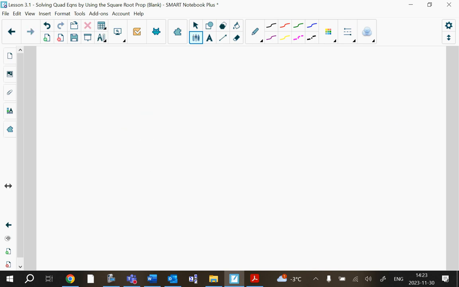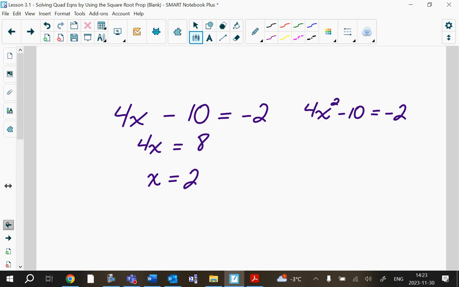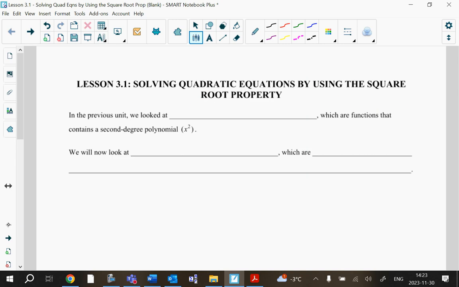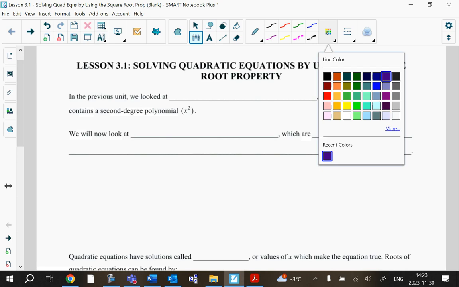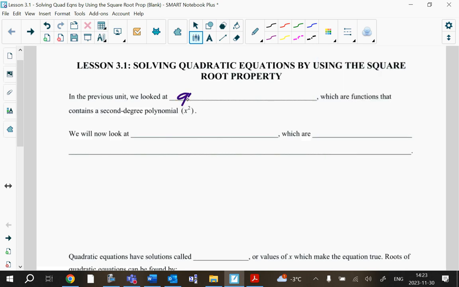So, in the last unit, we looked at quadratic functions, which are functions that have what we call a second degree.